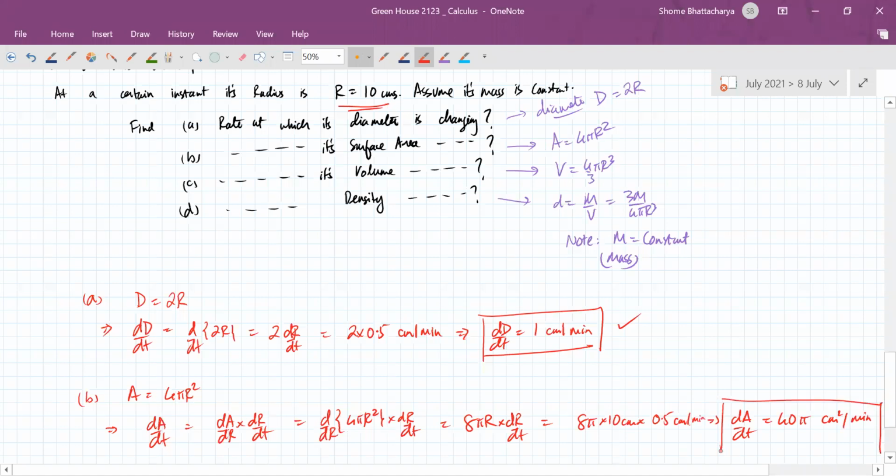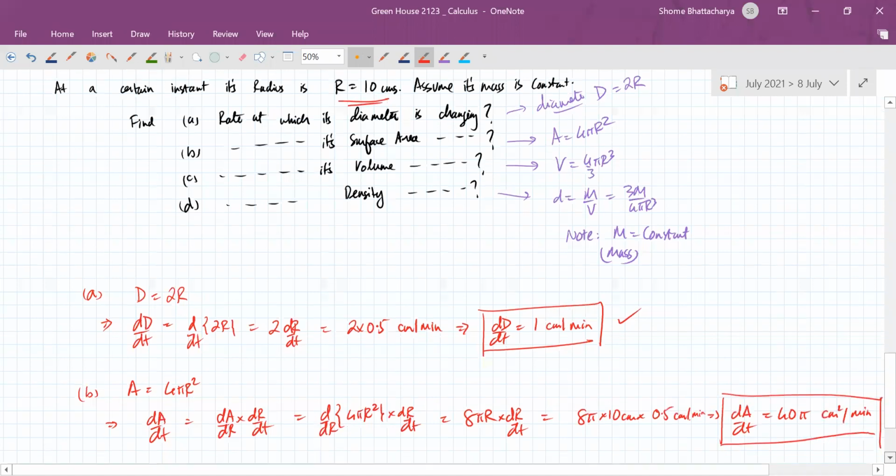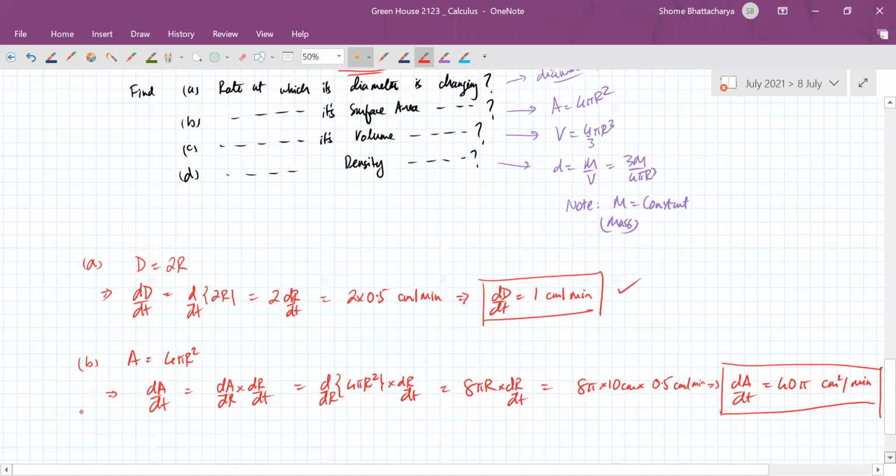And now a very similar process for volume, but only you'll be differentiating r cube.